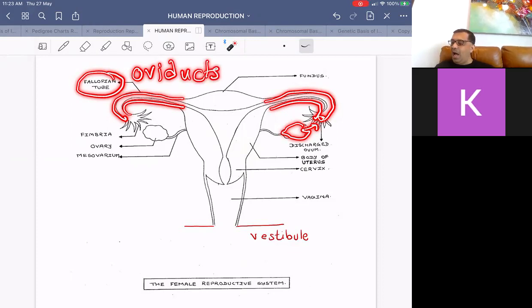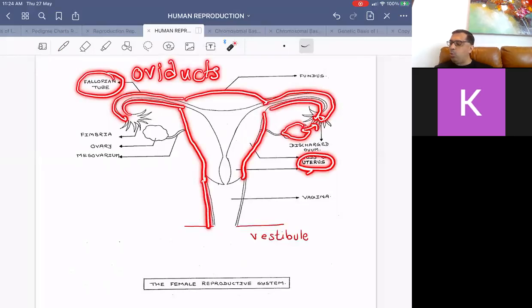From the oviducts arises the main organ, which is called the uterus. The uterus opens to the outside by an opening called the vagina.